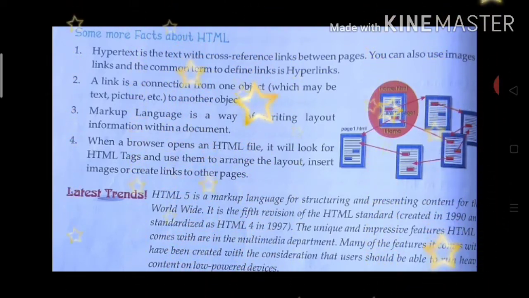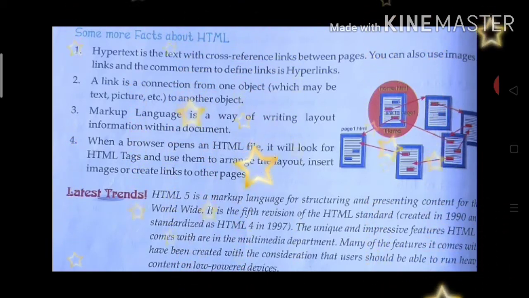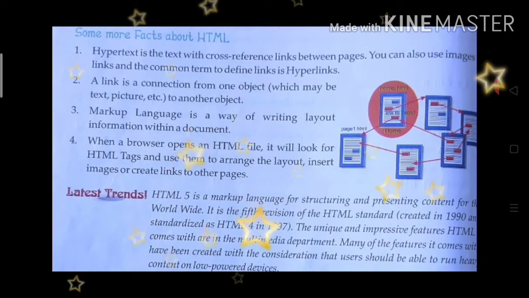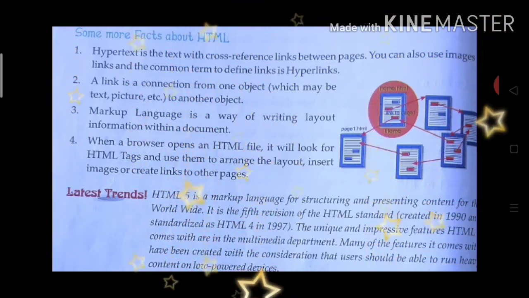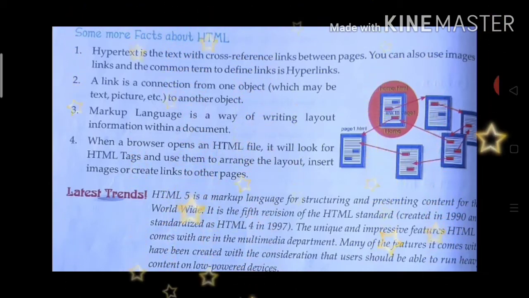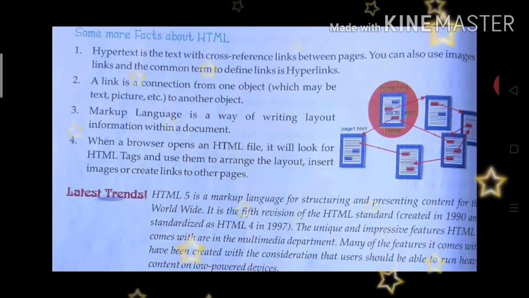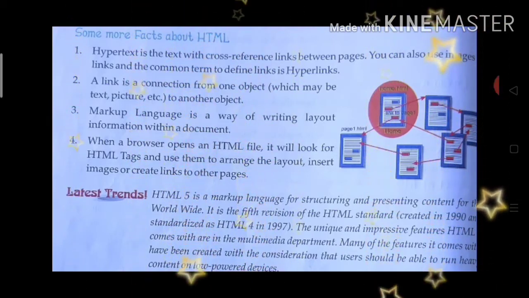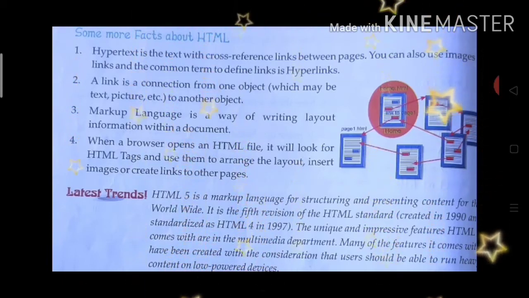Third point, markup language is a way of writing layout information within a document. Fourth point, when a browser opens an HTML file, it will look for HTML tags and use them to arrange the layout, insert images, or create links to other pages.